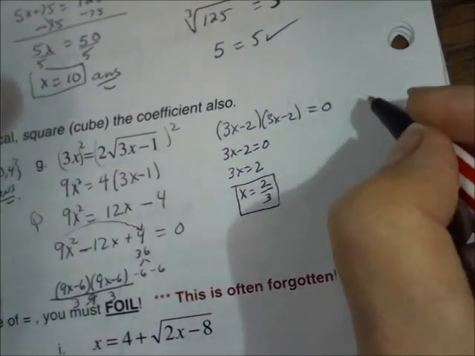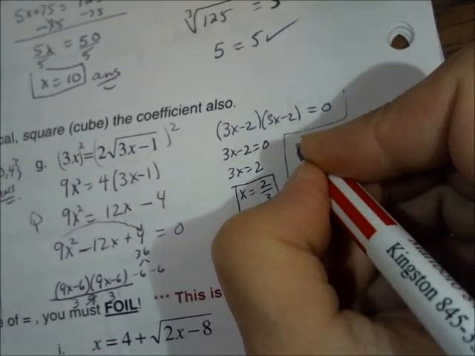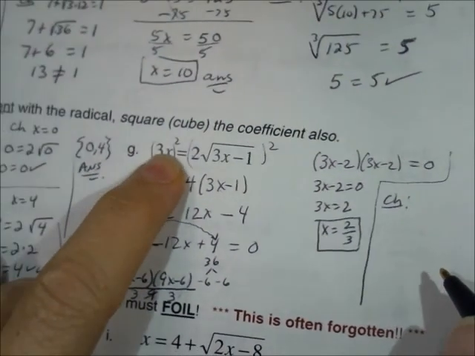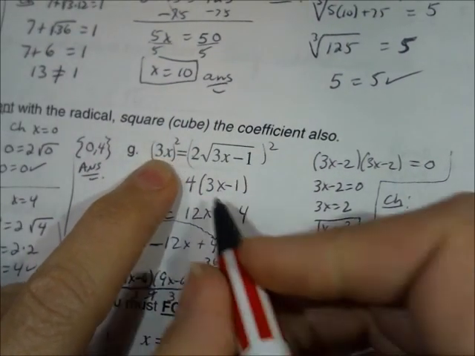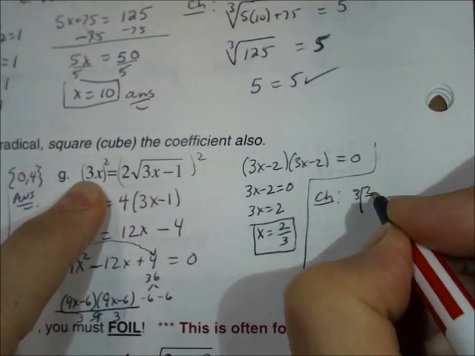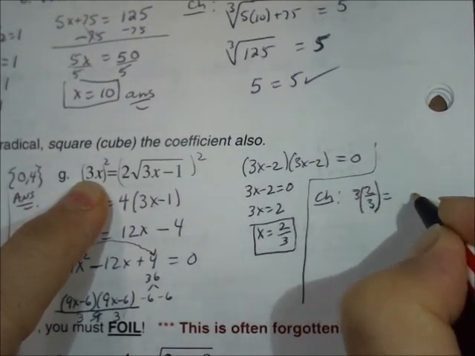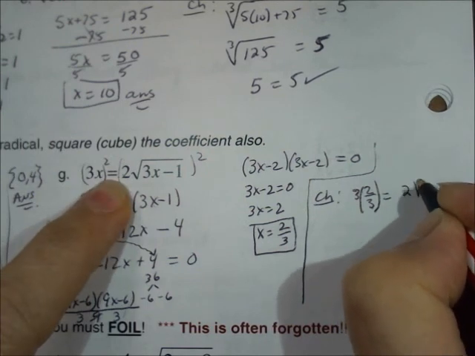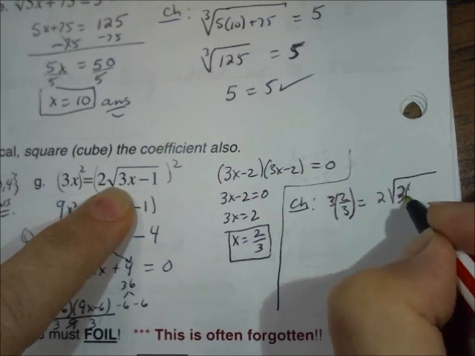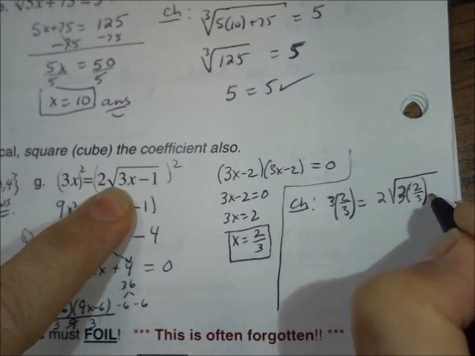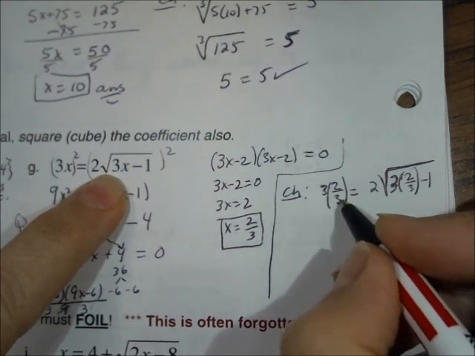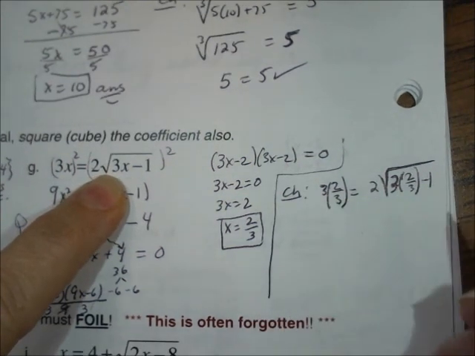So now we have to check, and that's a little bit trickier. You can use your calculators if you want, but you have to check in the original equation. So it's 3 times x, which is 3 times 2/3. Does that equal 2 times the square root of 3 times 2/3 minus 1? That's the original equation. 3x equals 2 square root of 3x minus 1.